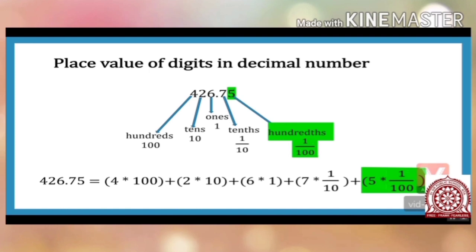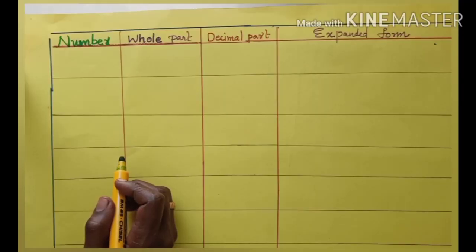So 4 into 100 plus 2 into tens place, 2 into 10, plus 6 into ones place, 6 into 1, plus, after the point, 7 is in tenth place, 7 into 1 by 10, plus 5 into 1 by 100 place. Let's see more examples of decimal numbers.